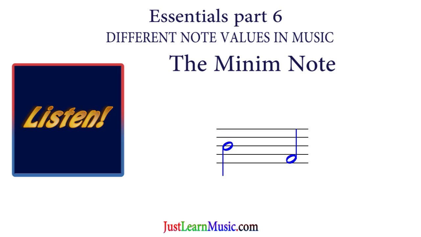The next we have a minim. A minim is a hollow oval-shaped note head with a stem. This has a note value of 2 crotchet counts. If I had to sing a minim, it would be like this.